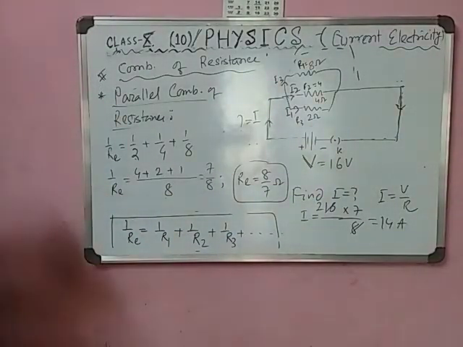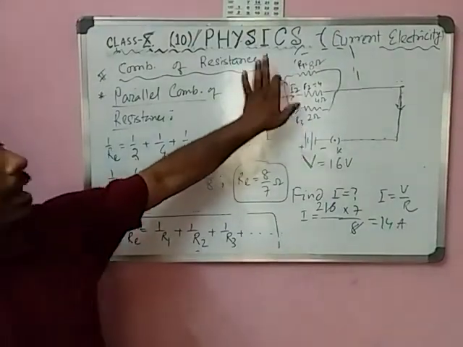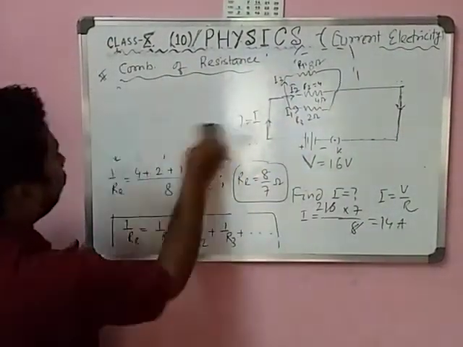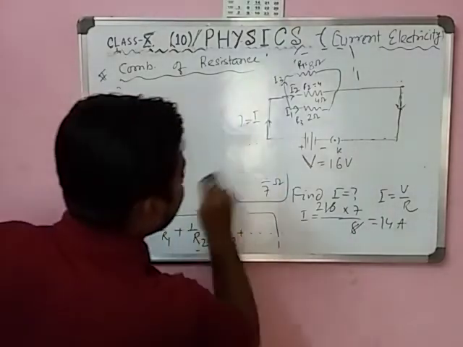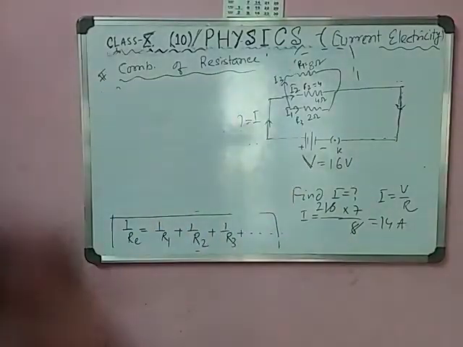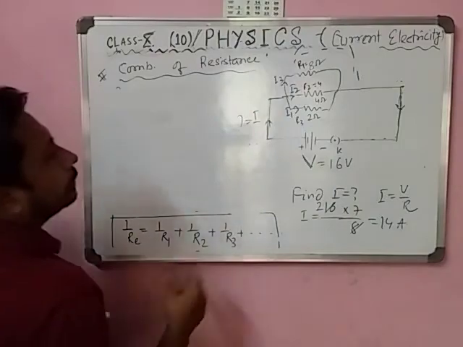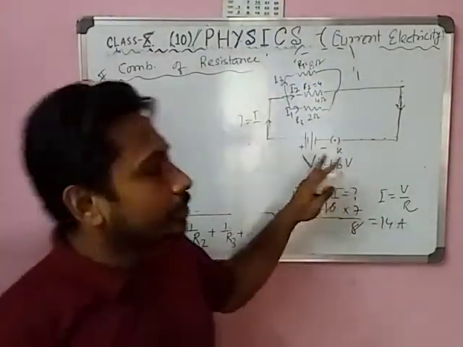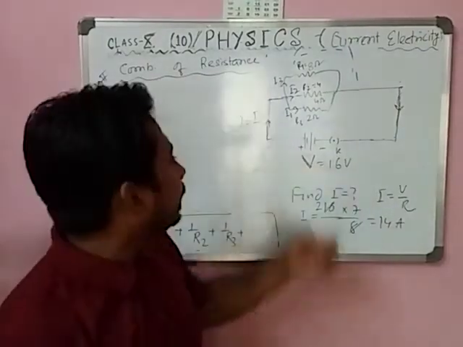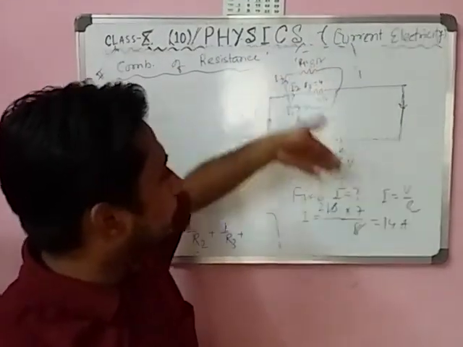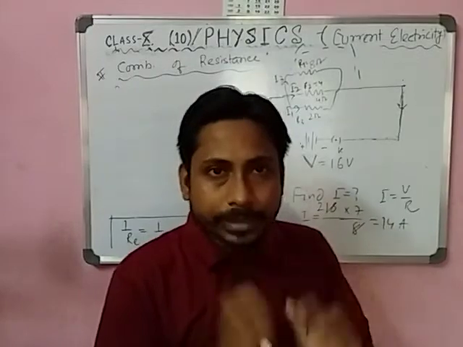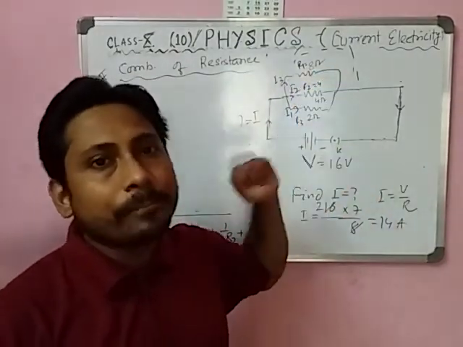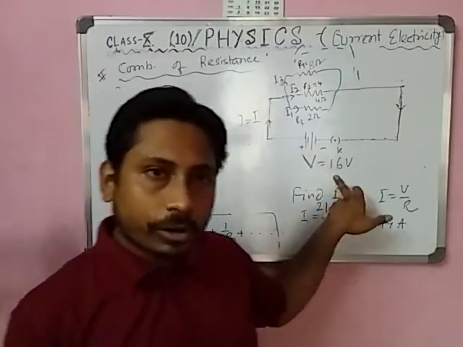For that, see, if these three resistors are connected in parallel with 16 volt, it means every resistor is getting the same potential, that means 16 volt.